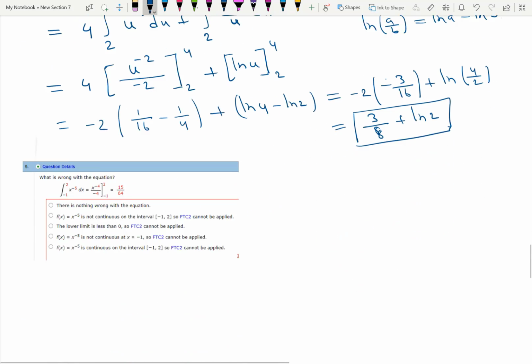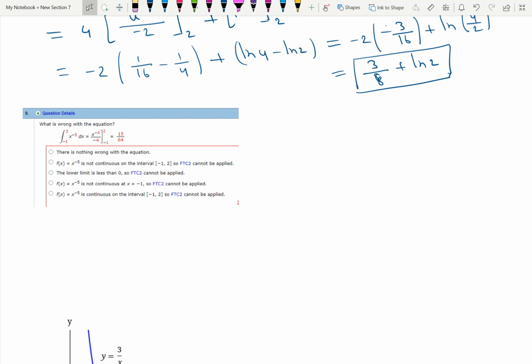Now for the next problem, we need to identify what is wrong for this problem. So we have the integration from negative 1 to 2 of x to the power negative 5 dx. So it can be written as 1 over x to the 5 dx.